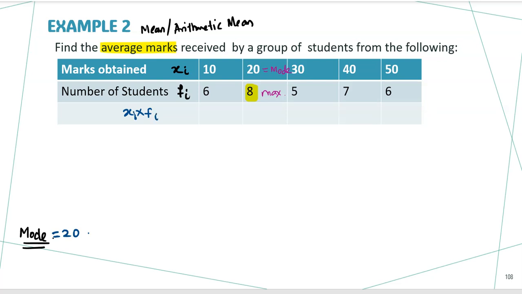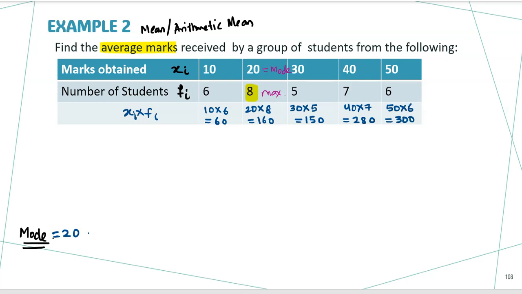So what you get: 10 times 6 is 60, 20 times 8 is 160, 30 times 5 is 150, 40 times 7 is 280, and 50 times 6 is 300.